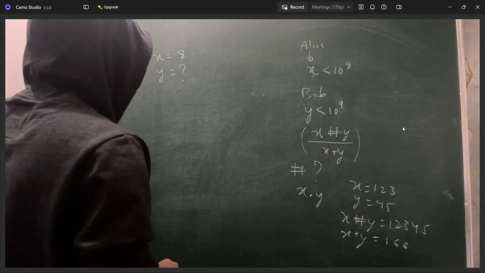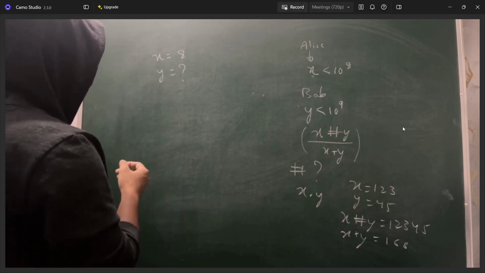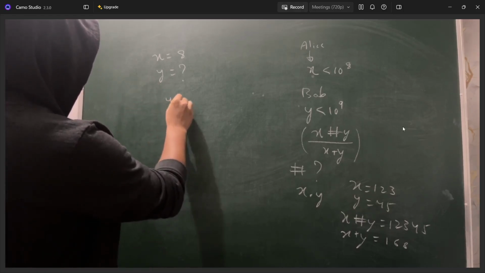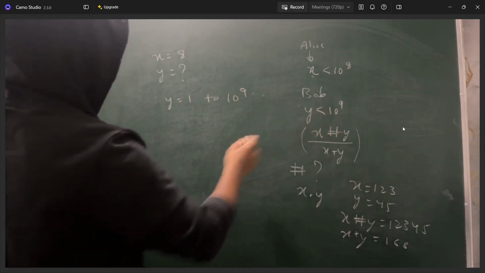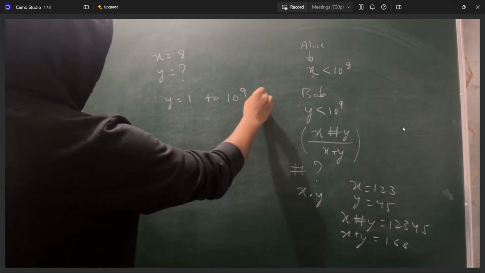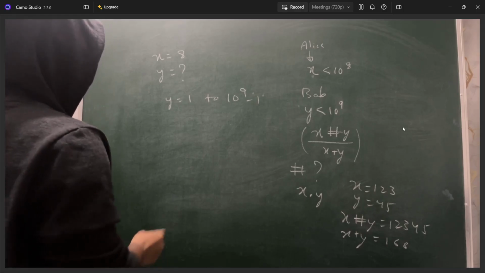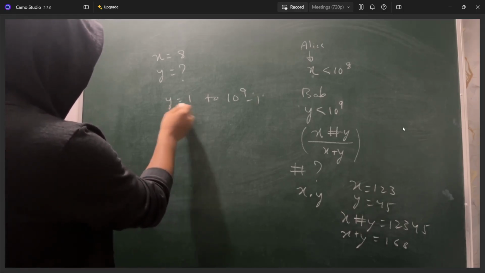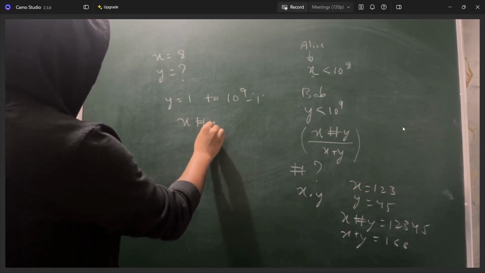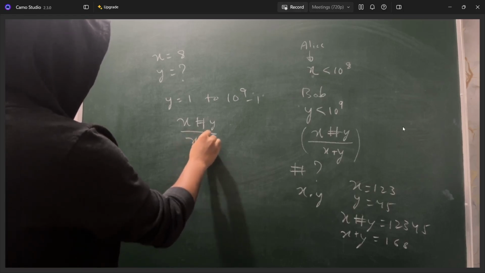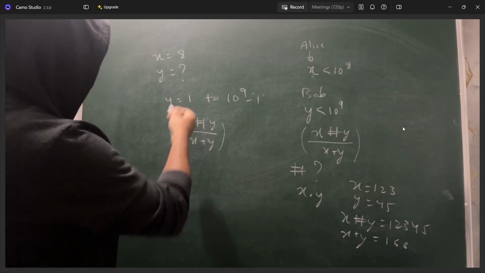One solution you can think of is to choose y from 1 to 10^9 minus 1, and every time you take y, you do x#y and divide it by x plus y. If that number is divisible, then that y is what you need to display.